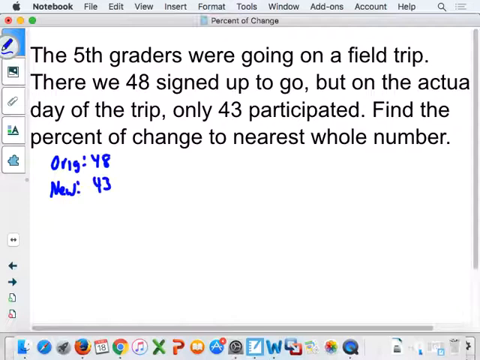So we want to find the percent of change between how many signed up to go and how many actually went. Well, our difference is 5, and our original is 48. So we're going to set it equal to x over 100, and then we're just going to do our cross multiplication. So 48 times x is equal to 500.